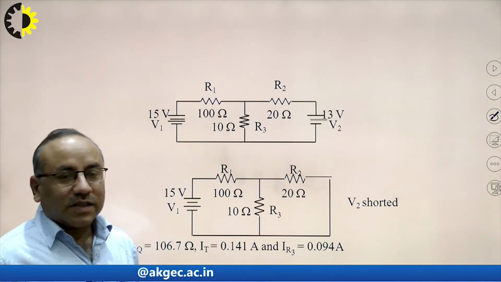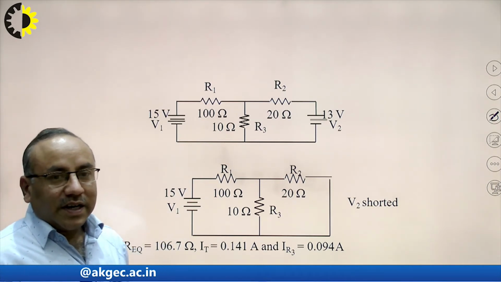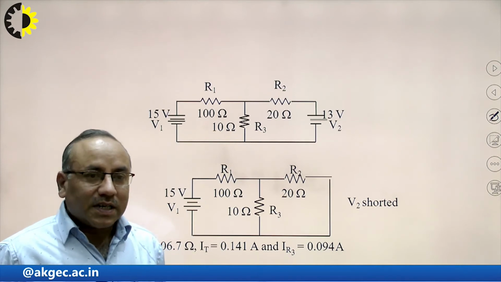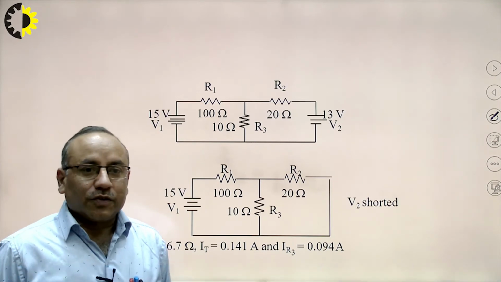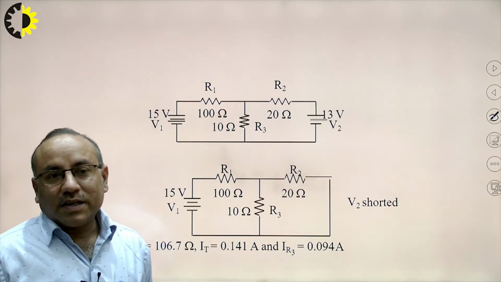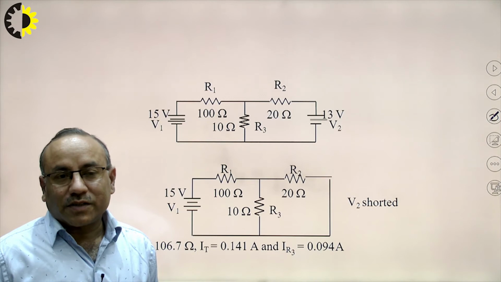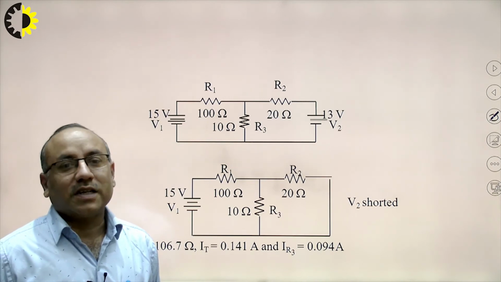The direction of this current will be vertically downward as per the connection of the battery in the circuit. That way we find this current using the 15 volt voltage source acting alone in this circuit.